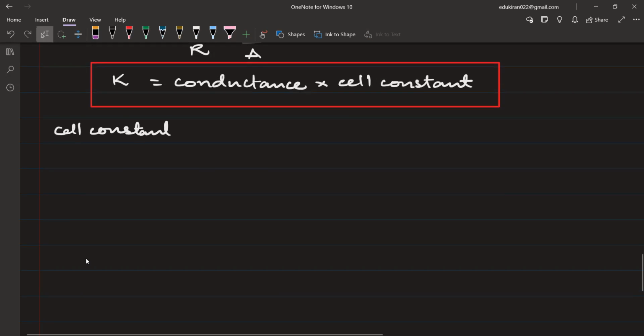Cell constant is the ratio of length upon area.